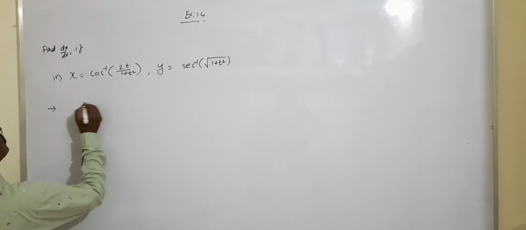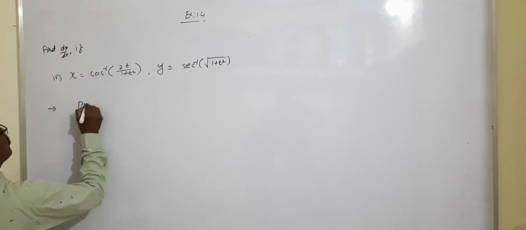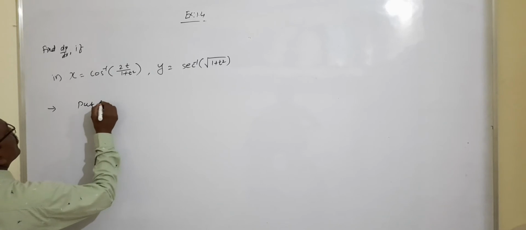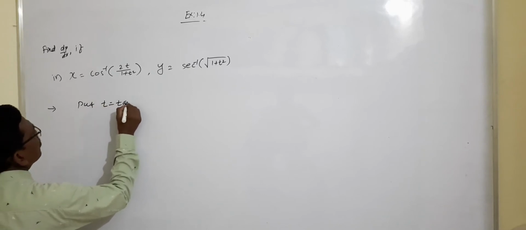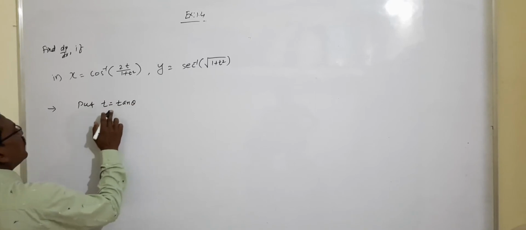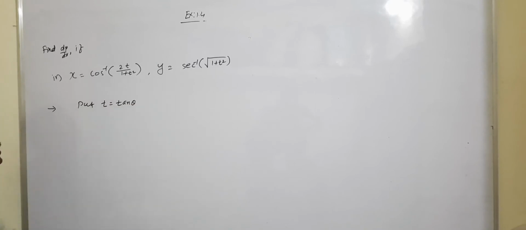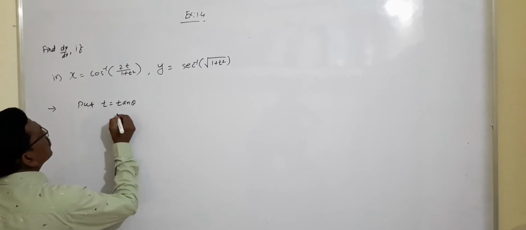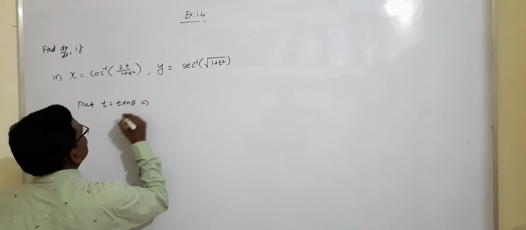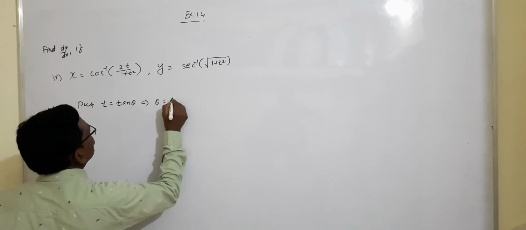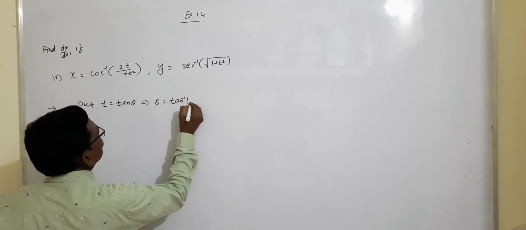That's why we put here t equal to tan theta, and whenever we put a substitution, we also solve for it. So theta equals tan inverse of t here.